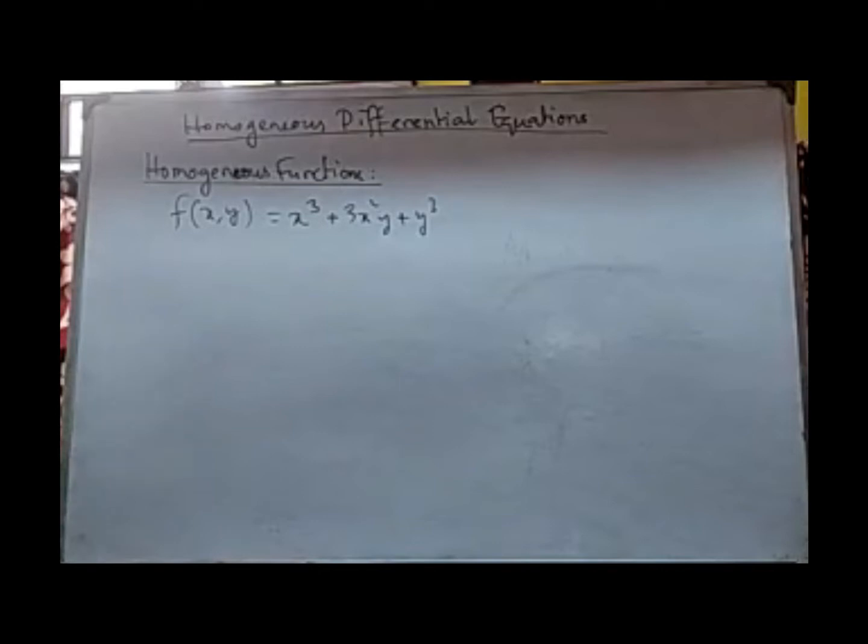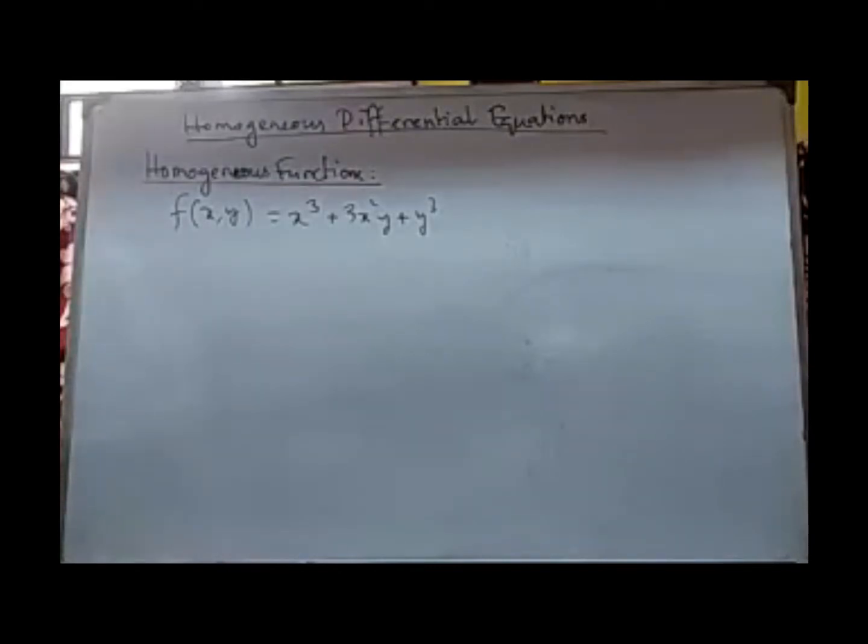The first term is x cubed, a 3 degree term. The second term is 3x square y. Now x square is 2 degree and y is 1 degree, so the total degree of the term is 3. In the same way, it's y cubed, so it's again a 3 degree term. So all the terms in this expression are of degree 3.